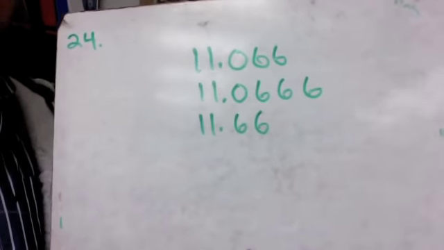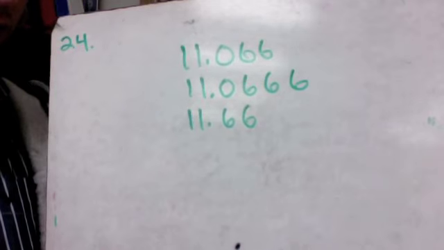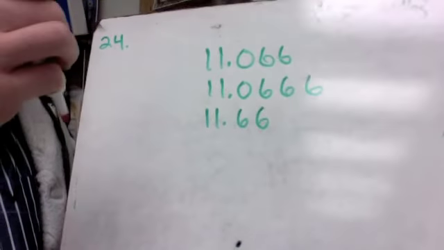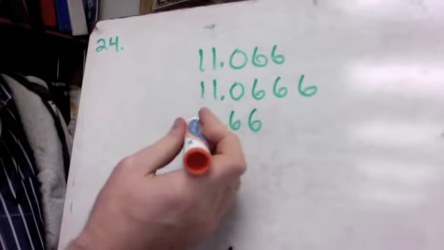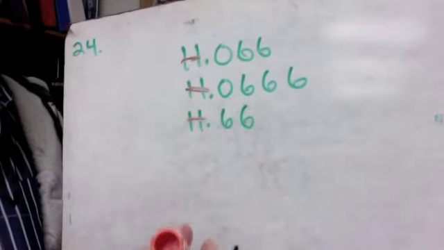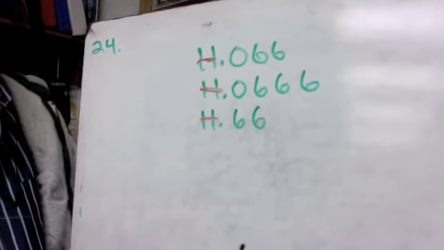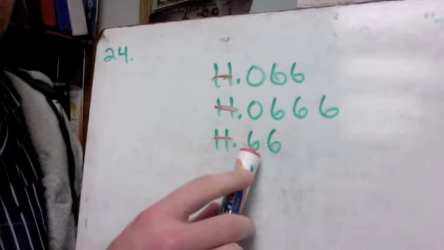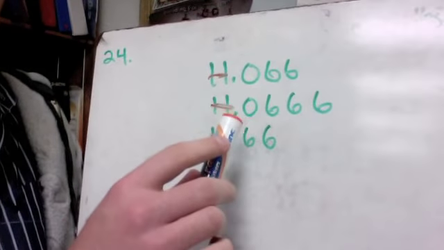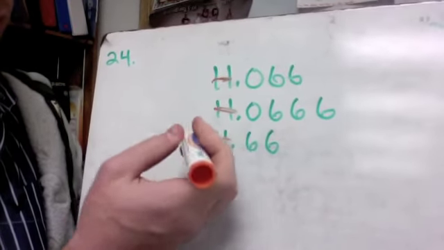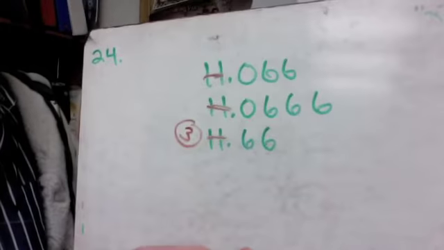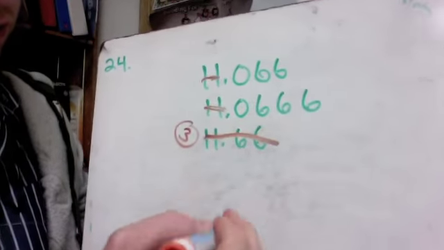Don't let the appearance of these numbers fool you because they do look very similar, but they're a lot different. We've got 11 wholes in all of them, so I don't need to worry about that at all. Now the next column is very telling because I've got 6 tenths here and no tenths here. So that's definitely going to be the biggest one. So I can put a 3 right there already. I know that. So we're done with this one. Okay.